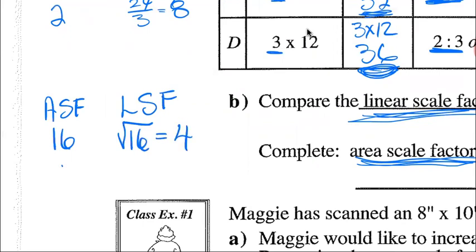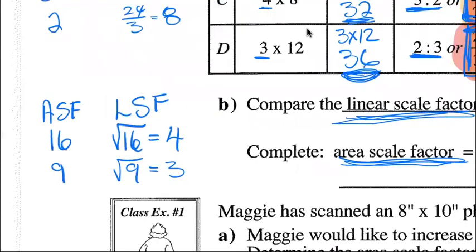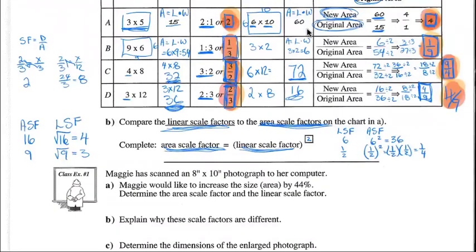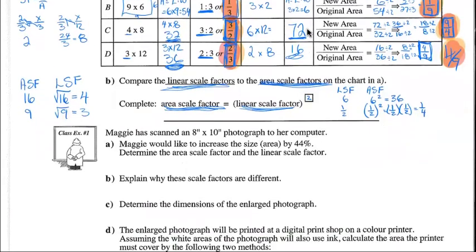If my area scale factor is 9, my linear scale factor is the square root of 9, or 3. So both ways, you can go from one to the other. Hopefully you were able to see that relationship through that investigation. And now we get to apply that stuff.